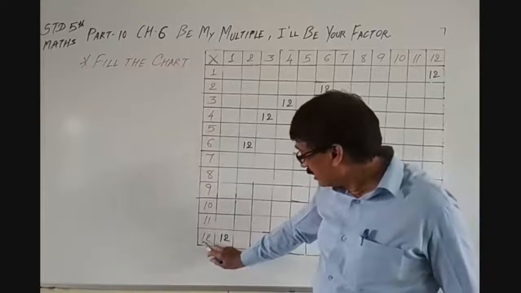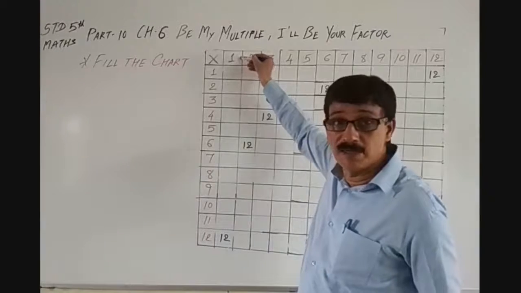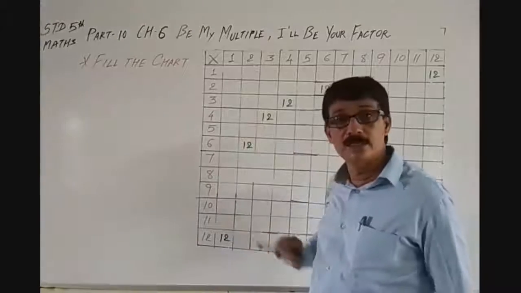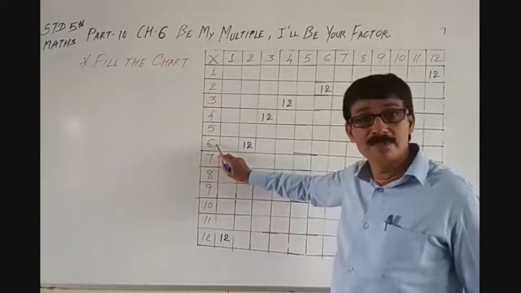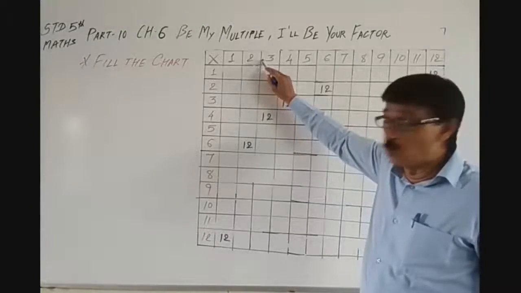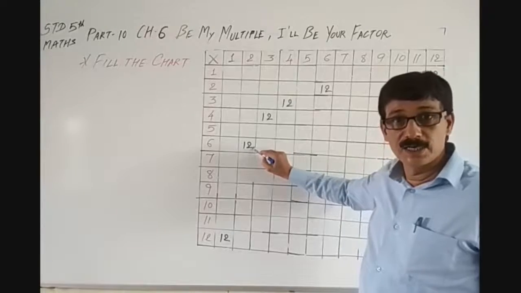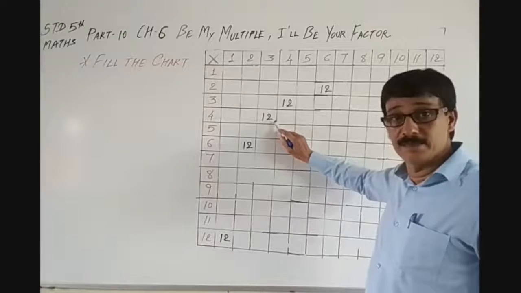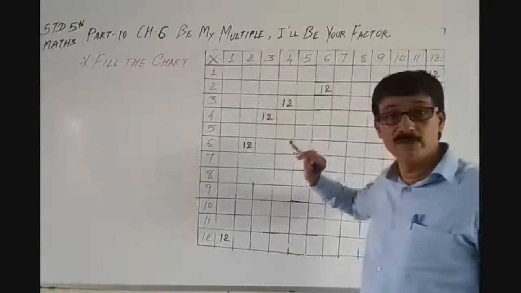Suppose this is row number 12 and the column number is 1. So 12 multiplied by 1 is 12. In the same way, this is row number 6 and column number 2. So 6 2s are 12. Do you get this idea? Now why 12 over here? See, 4 3s are 12.